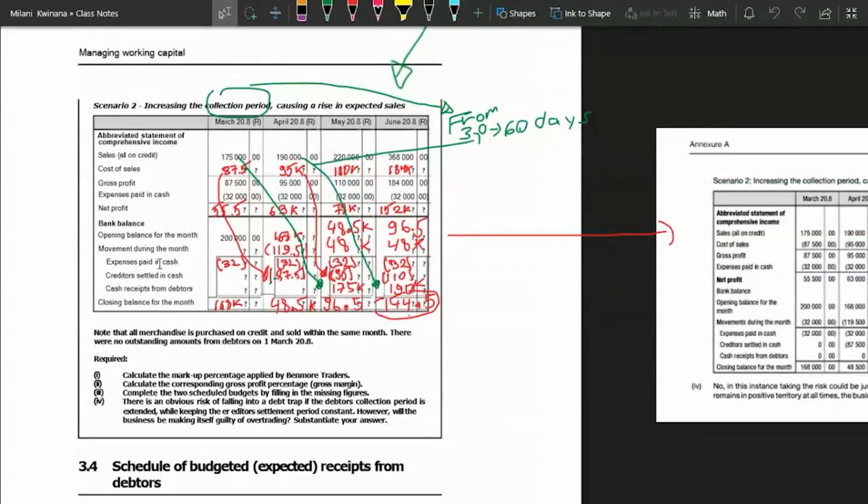Obviously, we sold things, but we did not receive money for the things that we sold because we sold them on credit. They are buying it from us, but they're going to pay us later.